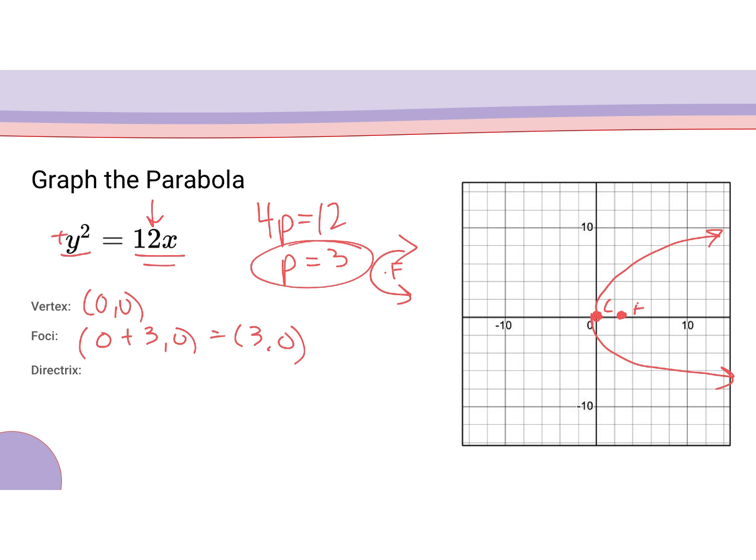From the center I go backwards, the opposite direction of the focus, so my directrix is at x equals -3. It's a line, and remember this is a vertical line, so that's an x equals equation. There's not a lot of solving here. It's a matter of putting it in the right form and finding your distances on both sides.